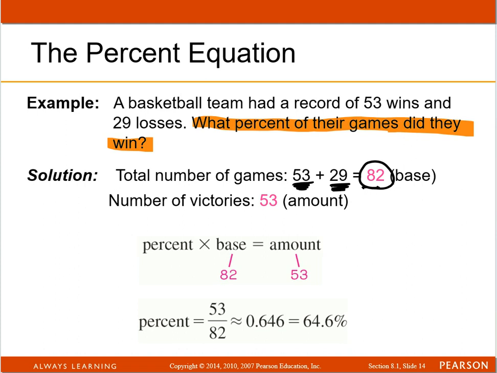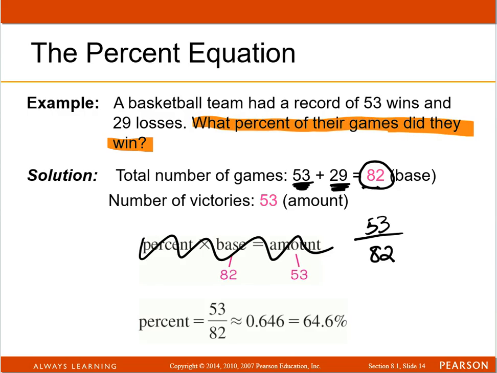And so that's your base. It's what percent of your total games turned out to be wins. So the wins are my 53. So really, you're just taking, I've got 53 wins out of 82 games that I played. You don't even have to do this if you don't want to. It's just logic.